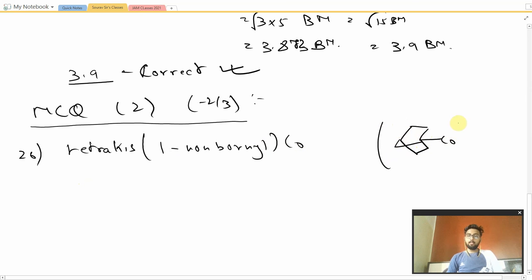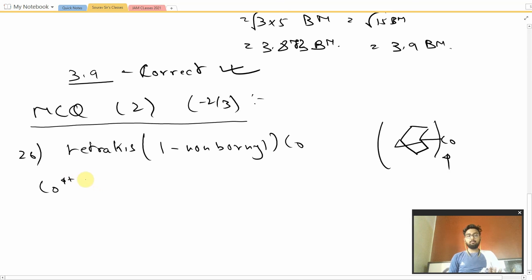CO. Okay, so this is the structure that is given. Obviously I made a mistake here for CO. So the question is that we need to find out the geometry and the number of unpaired electrons in this structure.